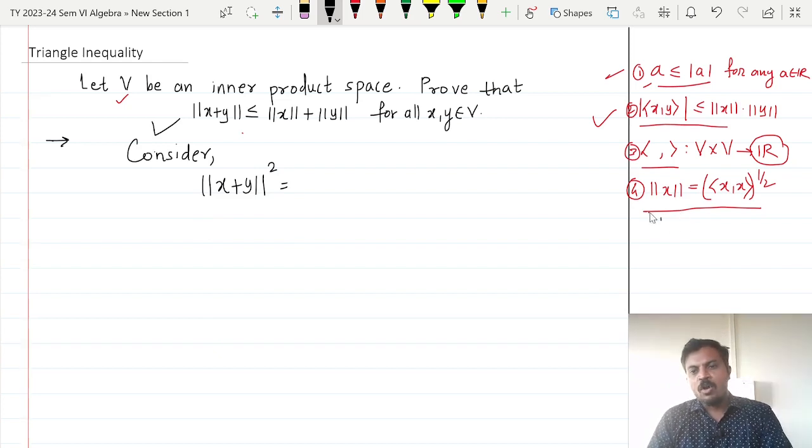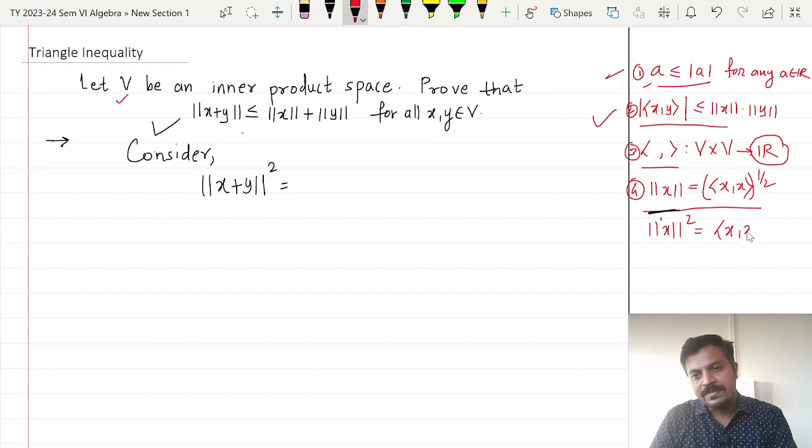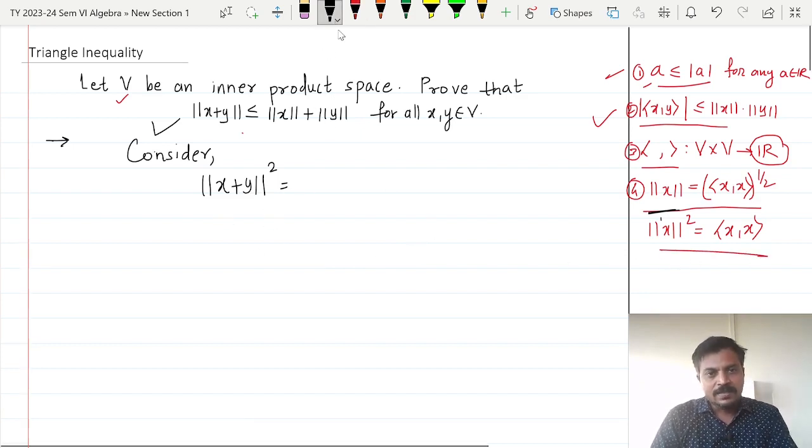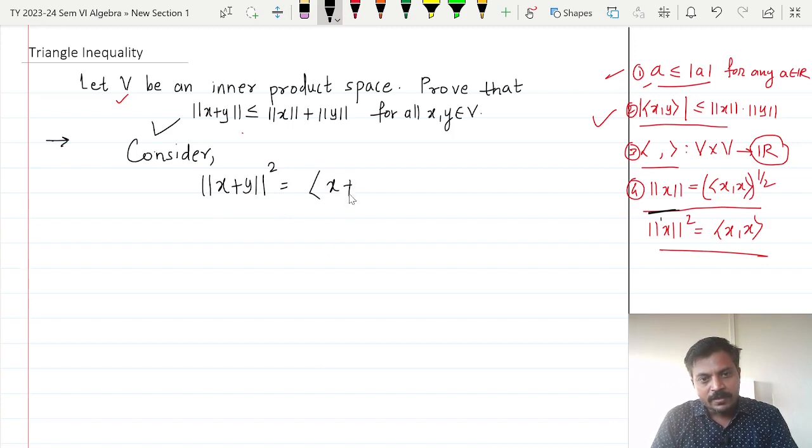But what is norm x? Norm x is inner product of x with x raised to half, right? So if we square it on both sides, what we will get? Norm of x square is inner product of x with x. Thus, by using this property here, this will be equal to inner product of x plus y with x plus y.